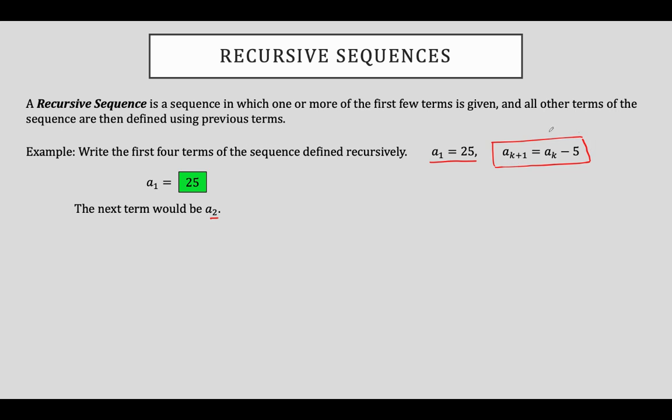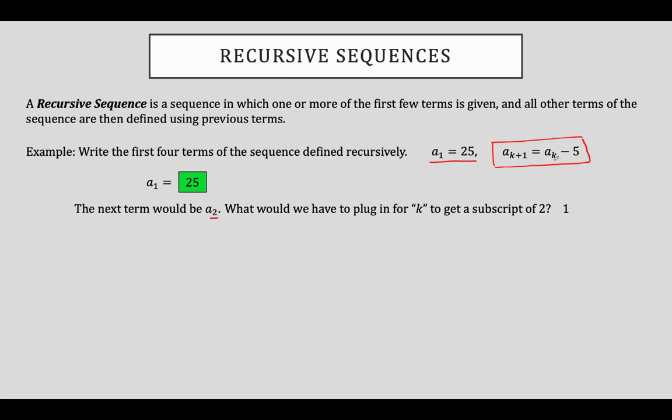Let's look at this equation that defines each of the terms in our sequence. For a subscript 2, the question we have to ask ourselves is, what would we have to plug in for k to get a subscript of 2? The answer is 1. If we plug in 1 for k in this equation, we get a subscript 2, and that means I have to plug in 1 for every other k that I see.